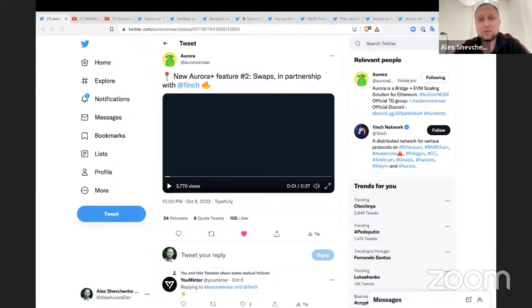Let's start with a quick rehearsal of the previous things from the NearCon. I would like to remind everybody that at the moment the four new features for Aurora Plus are launched. And you will be able to see on the Aurora Twitter some quick videos showing how these features work, so like quick explanations.